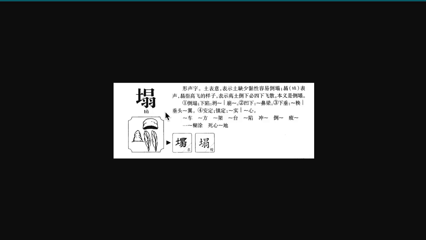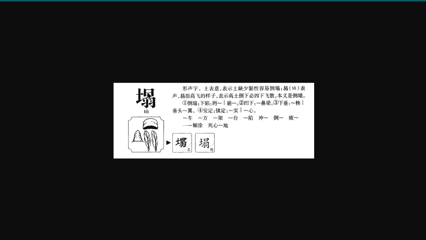Next, let's take a look at the character. This goes with the earth radical on the left, and on the right is a character called ta. Now ta actually means a bird flying high.